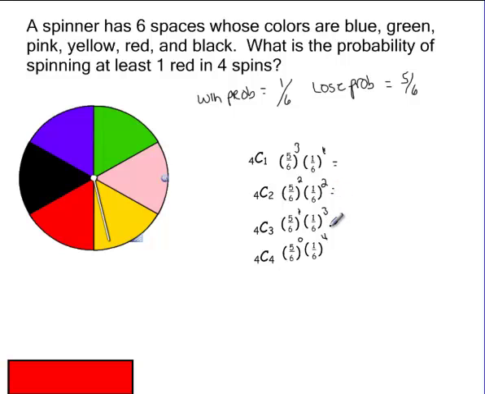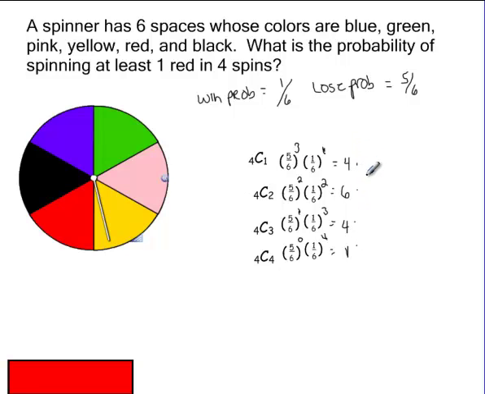Now I can figure out my probabilities. And this is another reason I use Pascal's triangle. So I can get 4C1, 4C2, 4C3, and 4C4 all in one shot, and I don't have to do it on the calculator. If I have Pascal's triangle, I can just go 1, 4, 6, 4, because I can just go to the rows and pick off my answers.